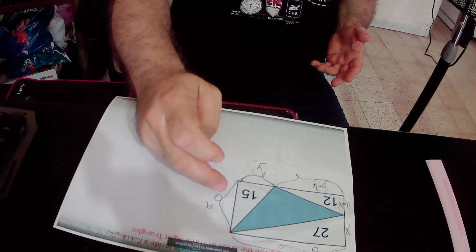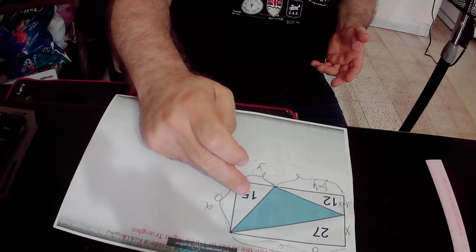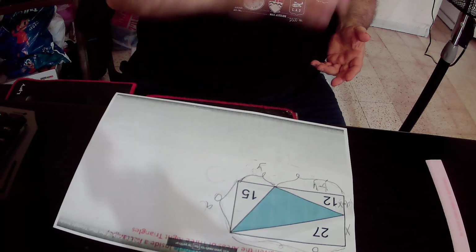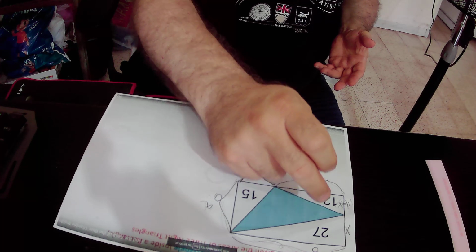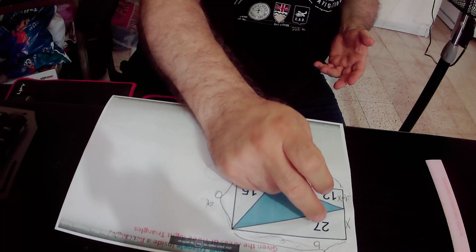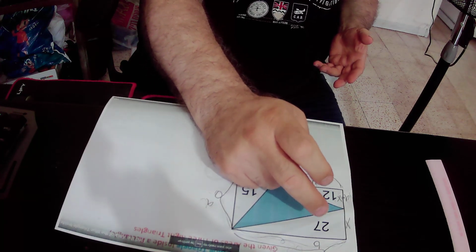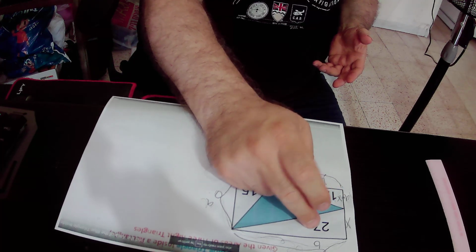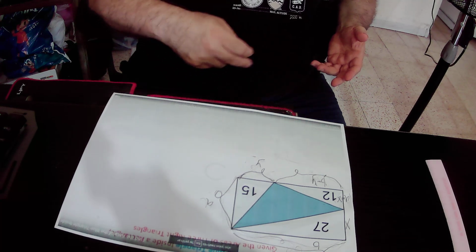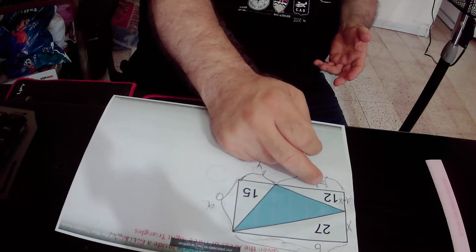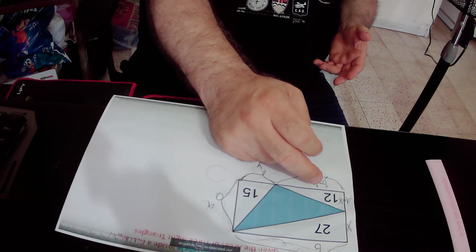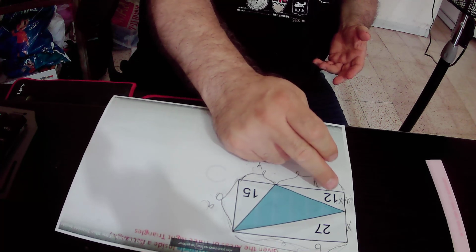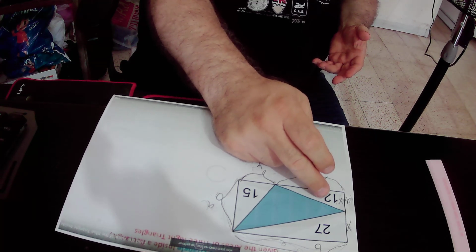So y times a divided by 2 equals to 15, and in the same way we can create the second equation for this right triangle: b times x divided by 2 equals to 27. And the third equation will be the base of this triangle, that is b minus y, times the height, that is a minus x, divided by 2 equals to 12.